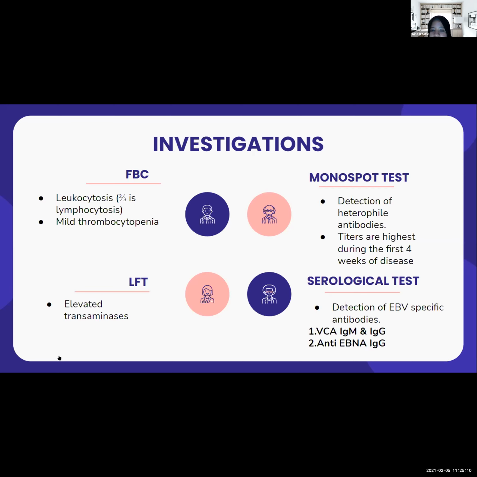And we do other serological tests to detect EBV-specific antibodies if the heterophile test is negative. And we can look for viral capsid antigen, IgM and IgG, and also anti-Epstein-Barr nuclear antigen antibodies in the serum.